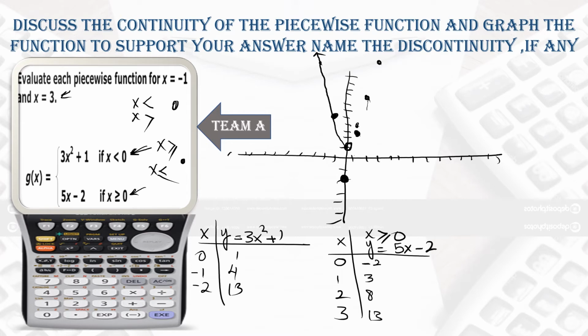It is a linear function, so of course you will get a straight line. So you can see that this is a broken graph, so you can say that the limit does not exist, and even the function is not equal to the limit.